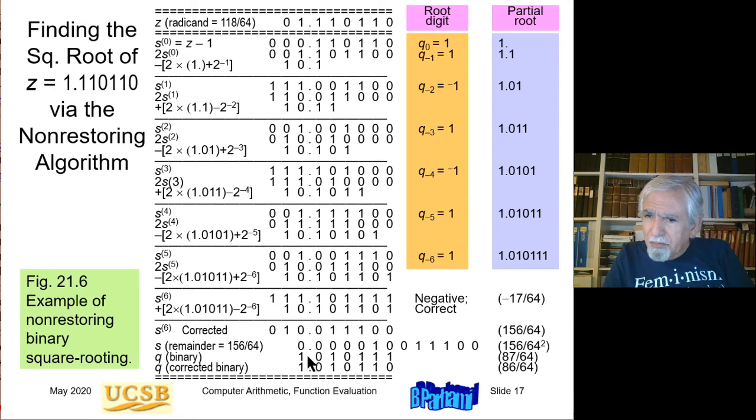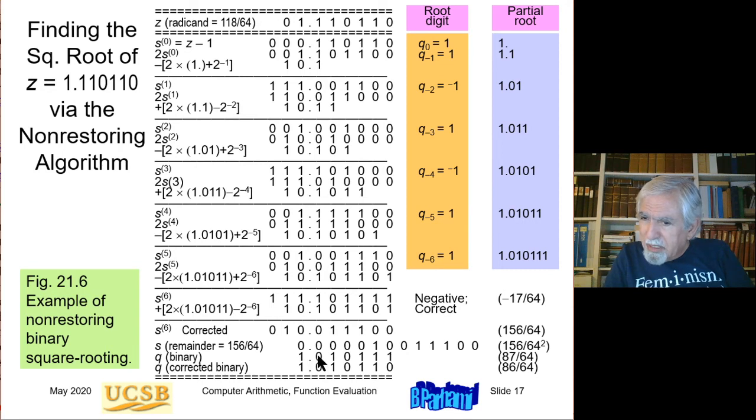the binary quotient. Just as in non-restoring division, if the final remainder is positive, then we are okay. And in this case, the final remainder happens to be negative, so I need a correction step to turn the final remainder into a positive value. And that correction basically subtracts ULP from the quotient.